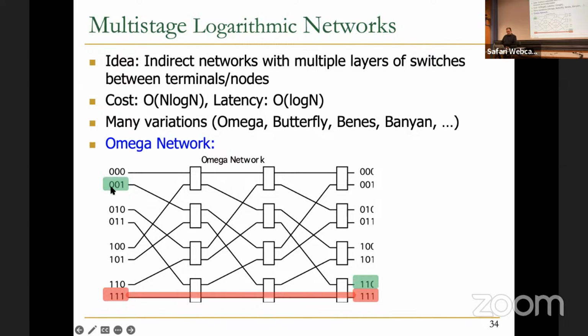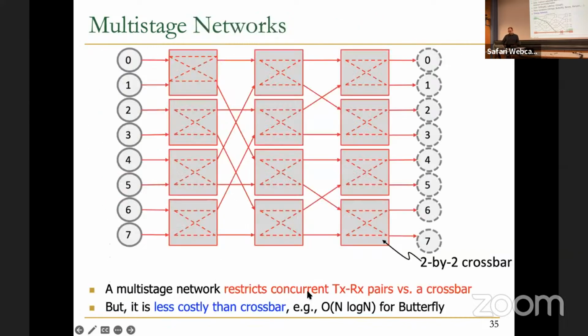Now this node 001 also wants to send to a completely different node, so you don't have a conflicting destination, right? But unfortunately, because of the shared path, this green flow needs to wait for the shared channel, and that causes these conflicts, which is not good.